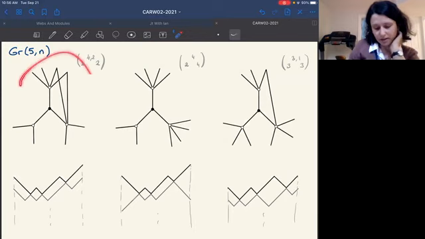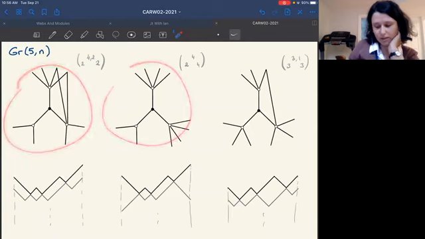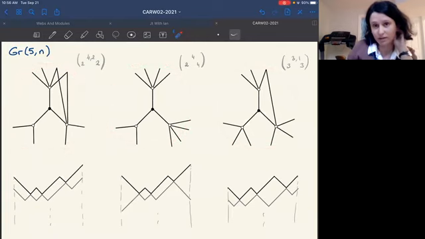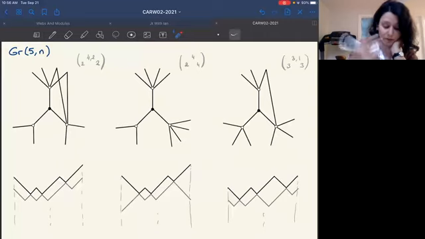So for instance, these webs I drew here correspond to cluster variables. And then I somehow illustrated the corresponding rank 2 webs. So as I said, we can label the rank 1 webs with the lattice path, only looking at the down steps, and the rank 2 ones are just stacking them on each other, right?